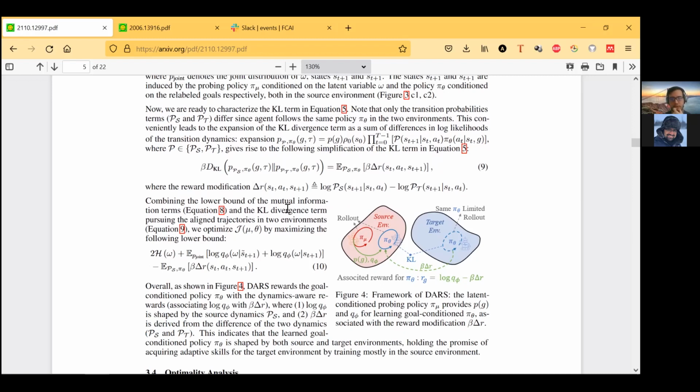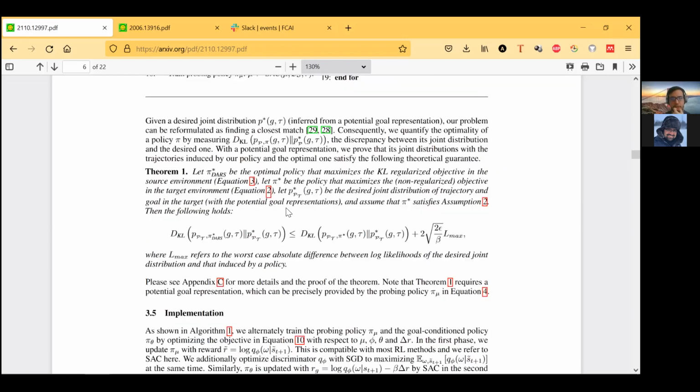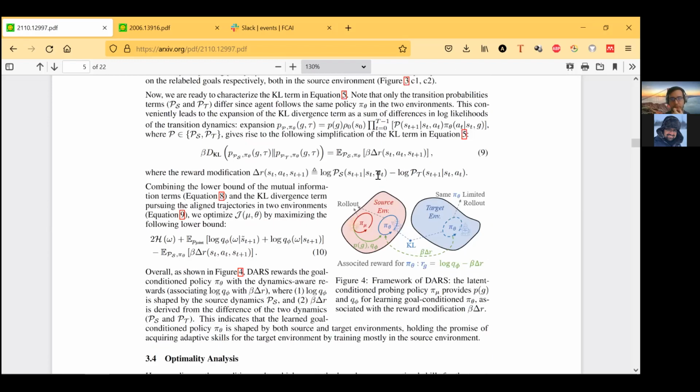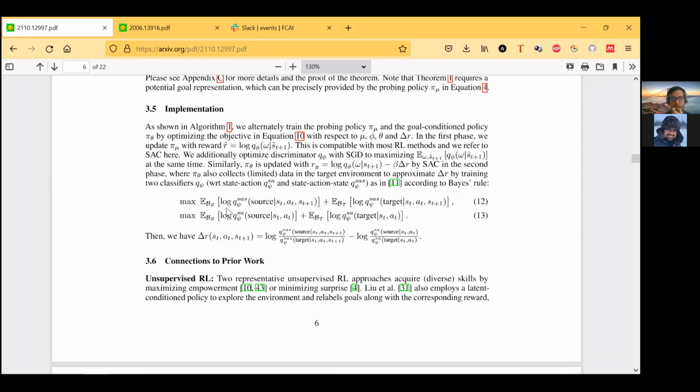And this is the last step now: how to compute this when you don't have the model of the source and the target. You will learn two discriminators, similarly to before.